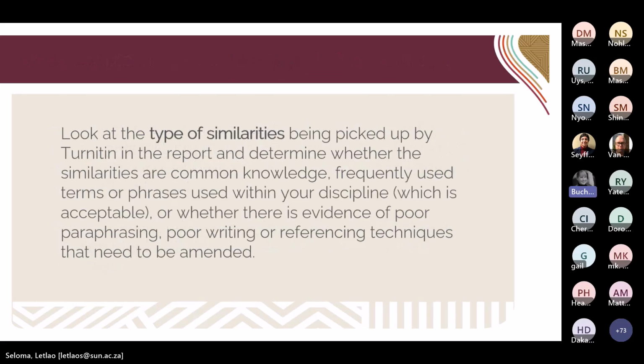And we too have various resources explaining Turnitin and its functions on our website. I do refer to those at the end of my presentation. And then one needs to look very closely at the type of similarities that are being picked up in a Turnitin report.